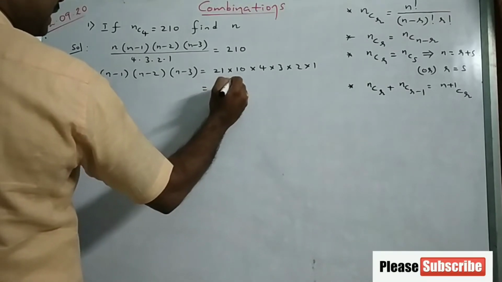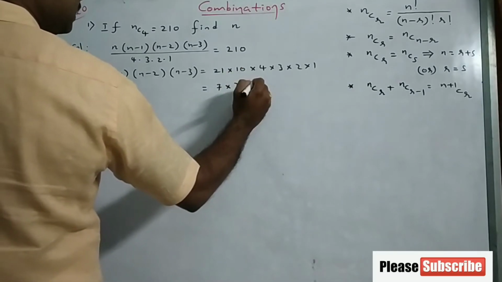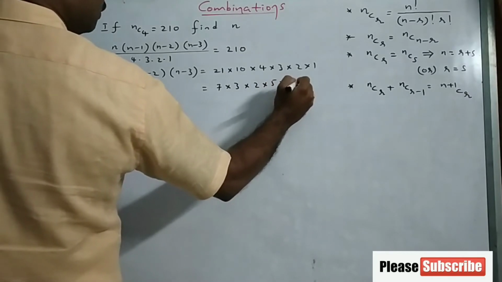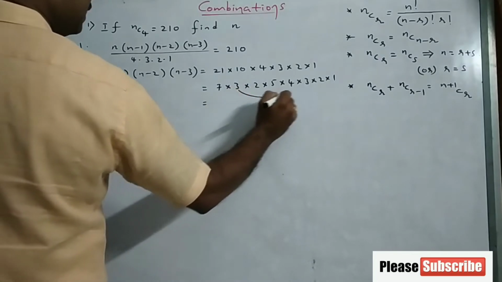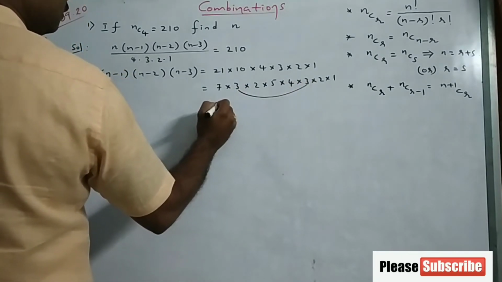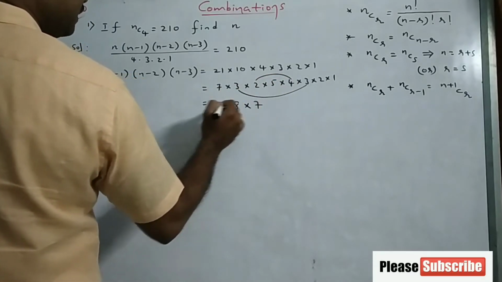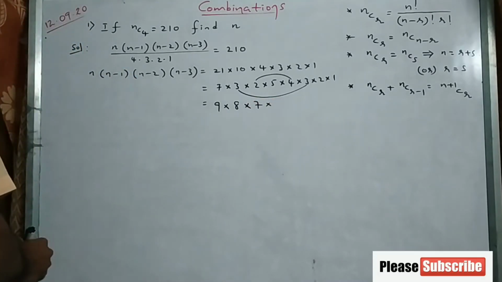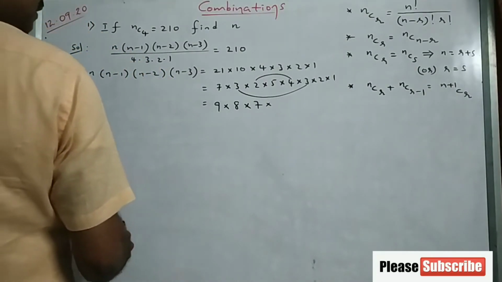210 can be written as 7 into 3 into 2 into 5 into 4, 3, 2, 1. 3 3s are 9, 4 2s are 8, into 7 is there. 9, 8, 7.